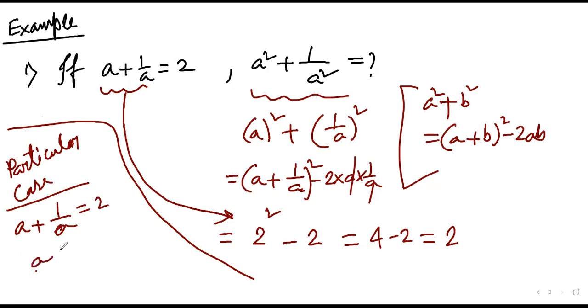Then you can directly write the value of that number equal to 1. This is not a miracle, this is not magic. You can make the LCM, and you can solve the value of a, and that will be 1.